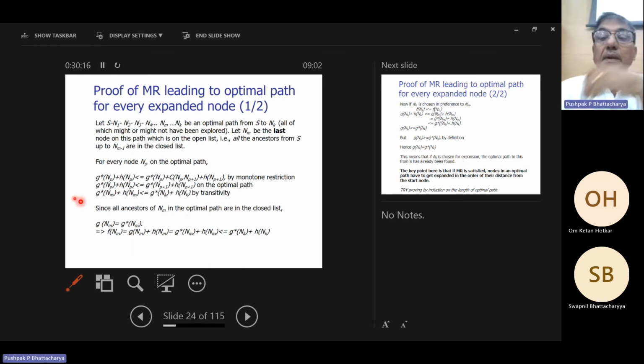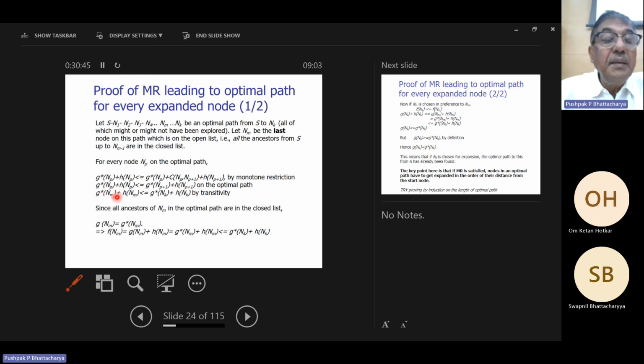So this np is a node on the optimal path. Then consider the child of np, which will be np plus 1. So g star(np) plus h(np) is the quantity being considered. This must be less than or equal to g star(np) plus c(np, np plus 1) plus h(np plus 1), by the monotone restriction.